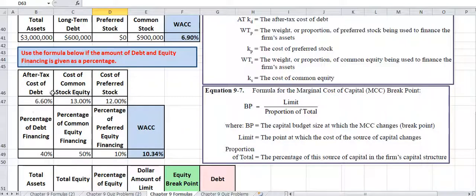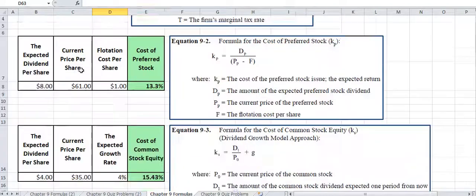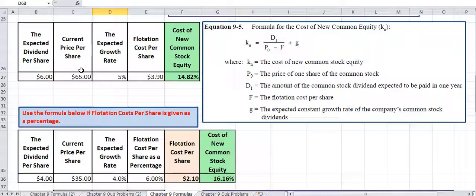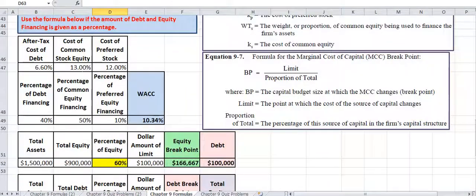The 6.6% comes from up here, using a marginal tax rate of 40%, and that's going to give us our weighted average cost of capital for that $900,000 project, and so that's going to be our marginal cost of capital for project A, 10.34.